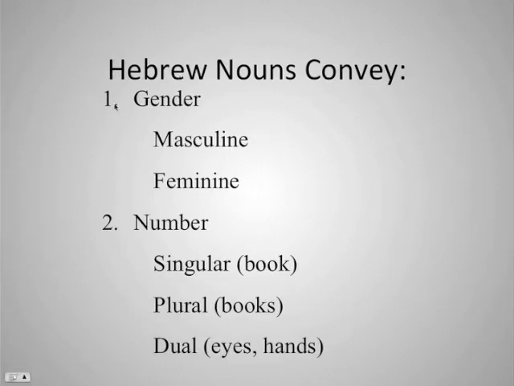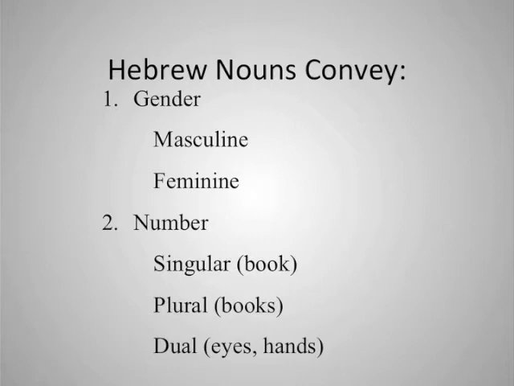Hebrew nouns convey gender. So gender in Hebrew nouns, every noun either is associated with the masculine gender or the feminine gender. English is not exactly the same. While we do have some nouns that convey gender naturally, like the word man is associated with the masculine gender and the word woman is naturally associated with the feminine gender, Hebrew nouns associate gender with every noun.